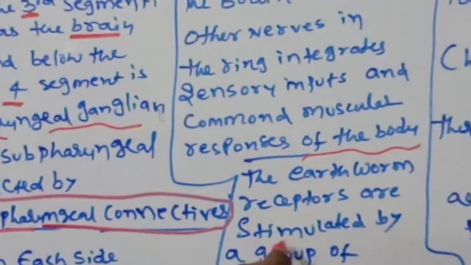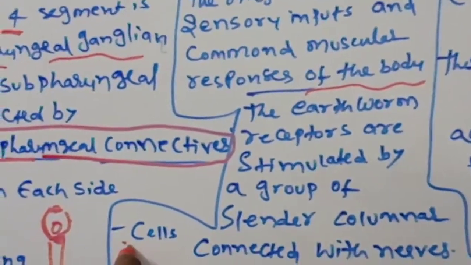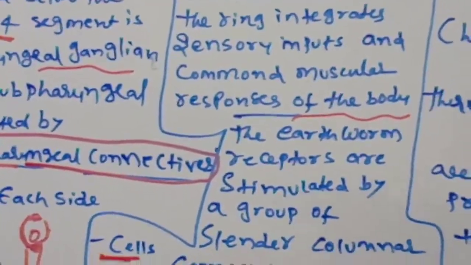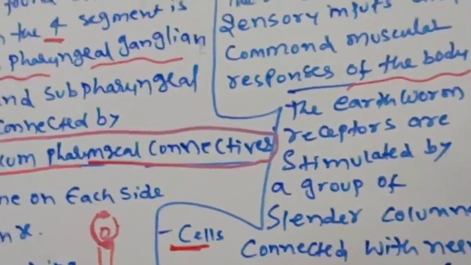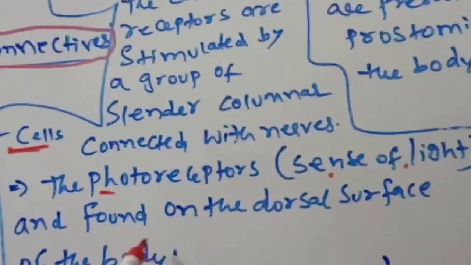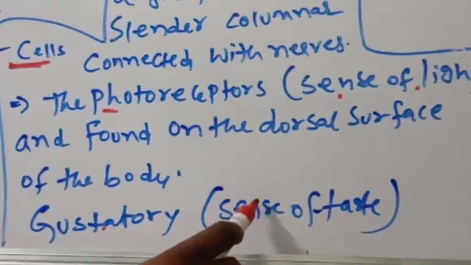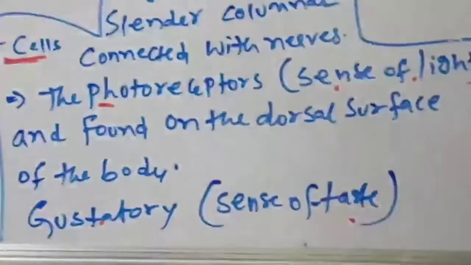The earthworm receptors are stimulated by a group of slender columnar cells connected with the nerves. Photoreceptors for light sense are found on the dorsal surface of the body. Gustatory receptors, sense of taste.